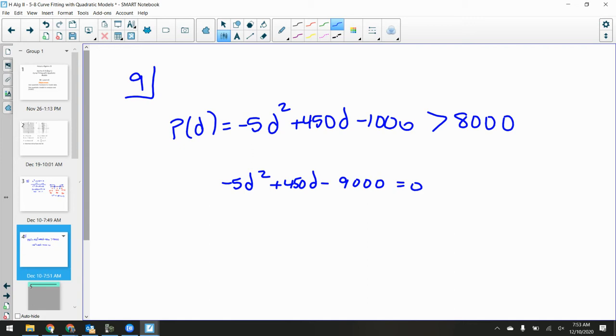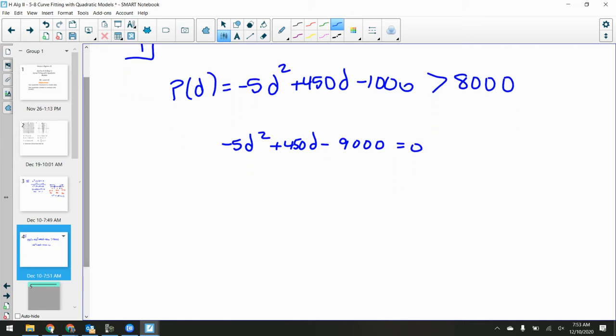I bet you probably didn't catch that. If I was worried about the numbers getting really big within the quadratic formula, you could divide everything through by 5, and to make it even better, you could divide by -5. But if you didn't catch that, A would have been -5, B is 450, and C is -9,000.